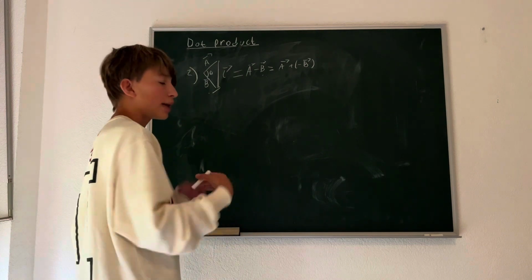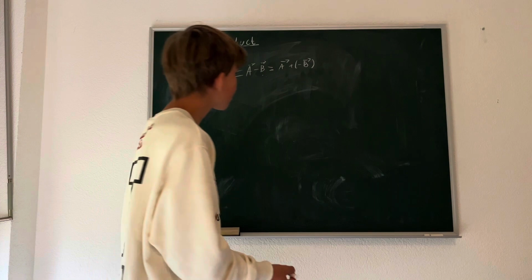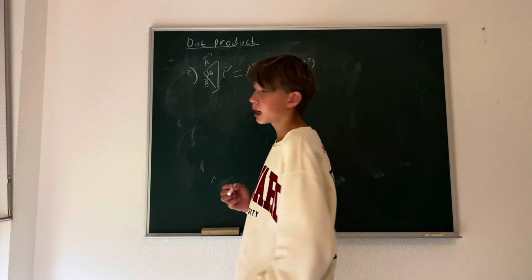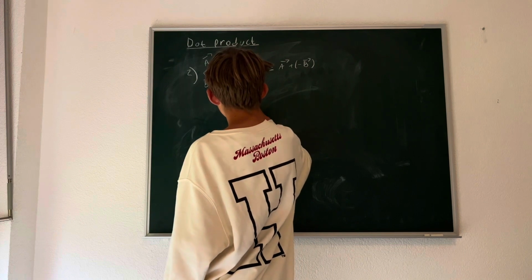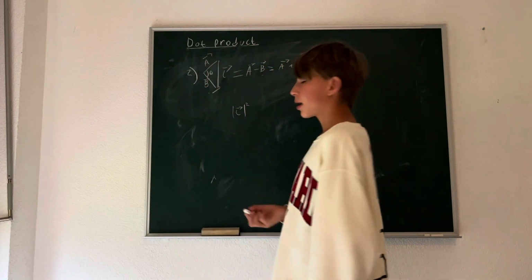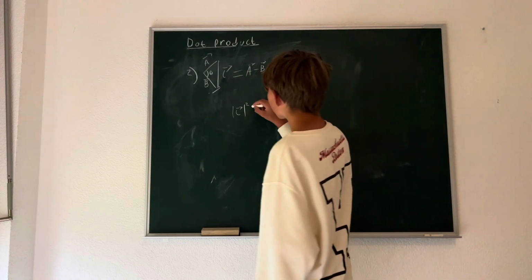Now we have negative B1, negative B2, negative B3. So if we want to find the magnitude of this side, C squared, we'll just use that. You can square root it, but this is the law of cosines.